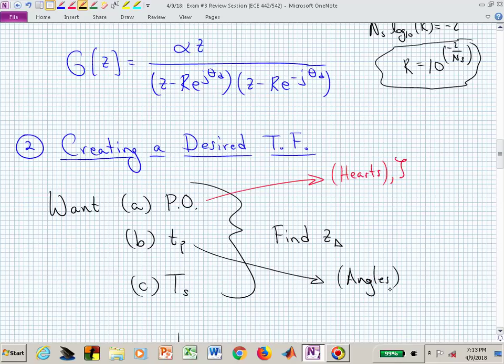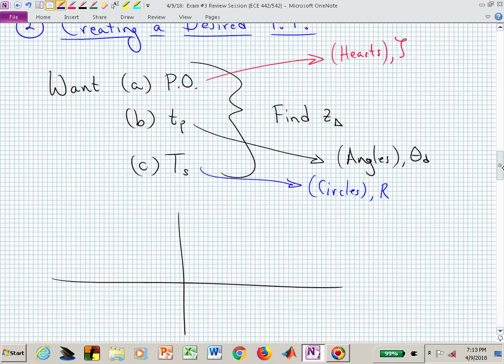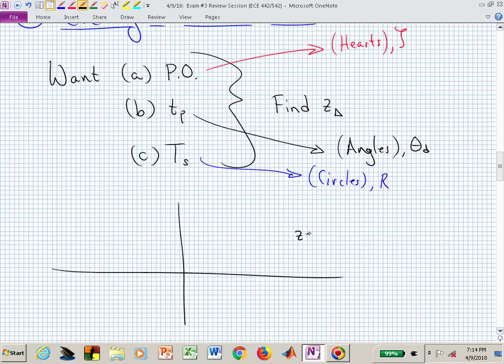Now we're talking angles, or theta sub d, and by the process of elimination, if somebody gives you the settling time, those are now circles, and we're dealing with R. Or in the z-plane, now we're trying to determine satisfaction simultaneously of these specifications.